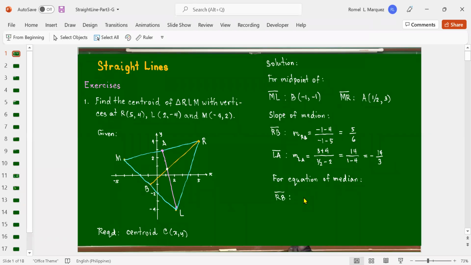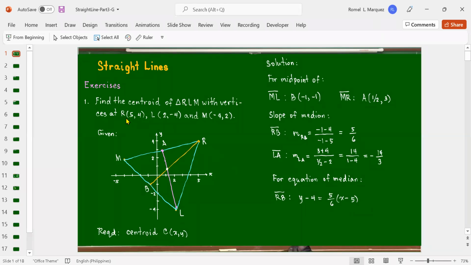So for the equation of median RB, we have y minus... it will pass through what point? Either R or B, no? So any of the two. I use R, so we have y minus 4, the slope of RB is 5 over 6, then x minus 5.